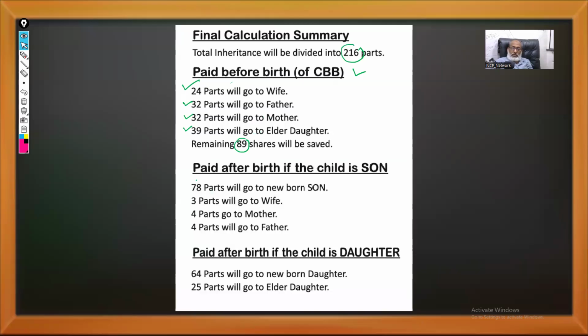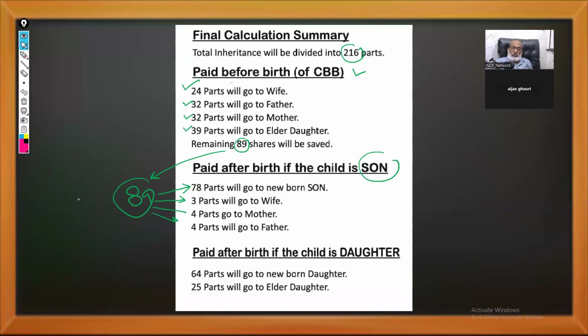So after the birth of the child, if the child is a son, then from the 89 share, 78 will go to the son, 3 will go to the wife, and 4 will go to the father and mother.